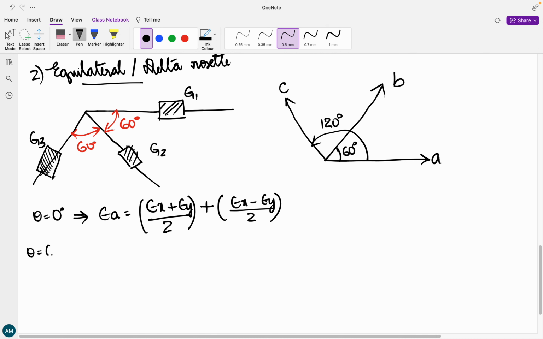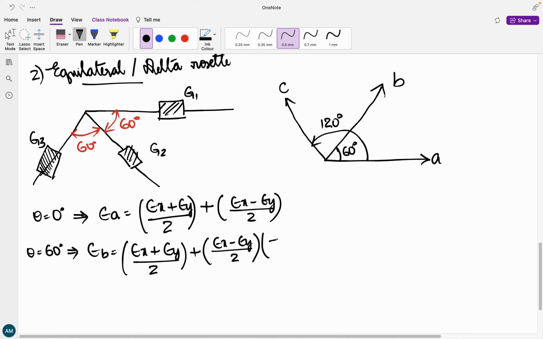Then theta is equal to 60 degree, epsilon b is epsilon x plus epsilon y divided by 2 plus epsilon x minus epsilon y divided by 2 into minus 1 by 2 plus gamma xy by 2 into root 3 by 2.